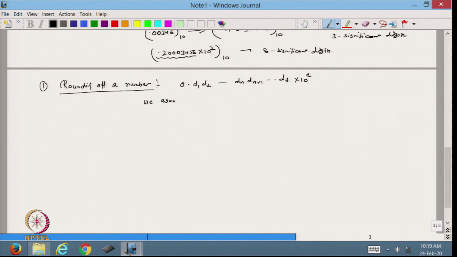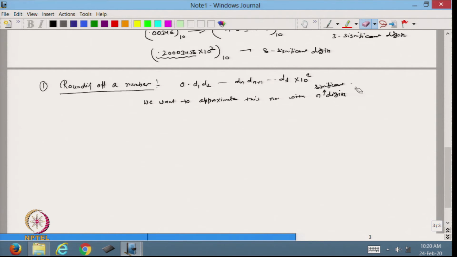Now, suppose we want to approximate this number with n significant digits.